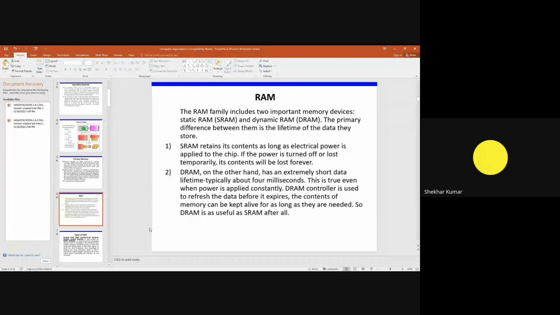And it does not require a continuous refresh in SRAM. While DRAM, that is your dynamic random access memory, is used for dynamic data storage. It stores the binary digits as a charge on the capacitor.